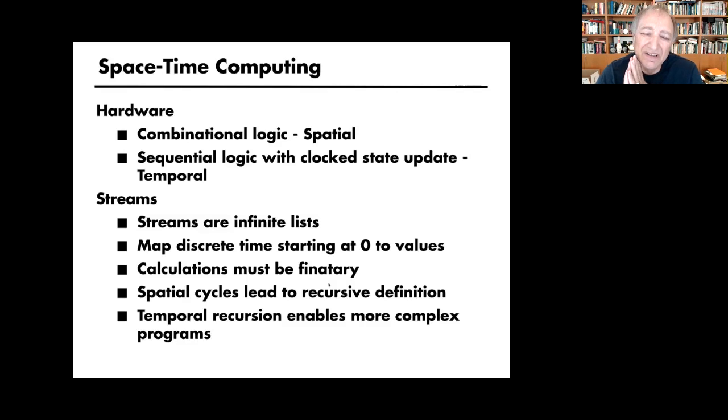It's interesting to keep repeating this, but hardware is a spatial-temporal, or space-time, computing thing, where we have things running in parallel in space on the chip itself, but sequentially in time. A lot of the properties of hardware that we think of as programming languages are due to the sequential operations in time.